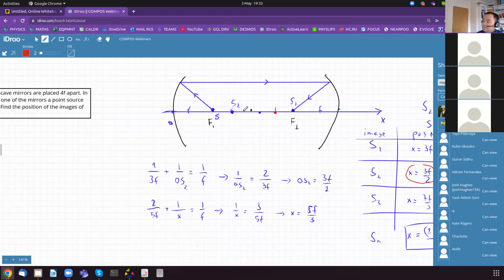Does that mean it doesn't matter which one you do it in? You'll still get the same result? Not exactly. You use one mirror to get one image, but then you will have another image symmetrical to that one.